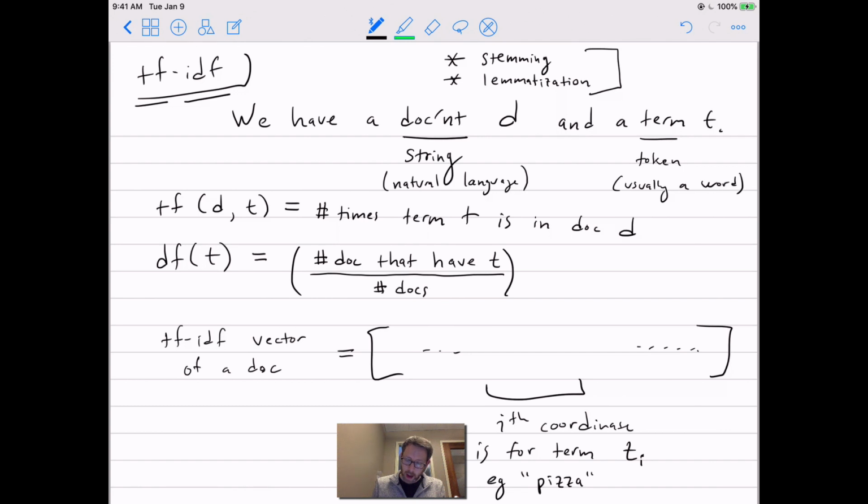So the actual value here is going to be the term frequency, we have a doc D, the term frequency of that document containing the word pizza, T_i, divided by the document frequency for T_i.